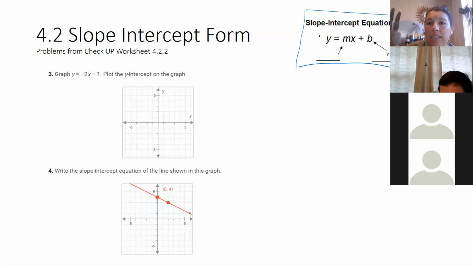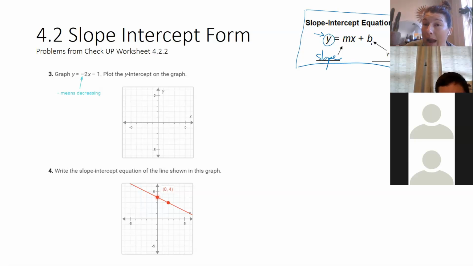Whenever you see a linear equation that is solved for y, it is in slope-intercept form. But the key is it has to be solved for y. Y has to be alone on one side of your equal sign. That's the tricky part. But when that happens, your value in front of the x is your what? Our m is always going to be our slope. Good.